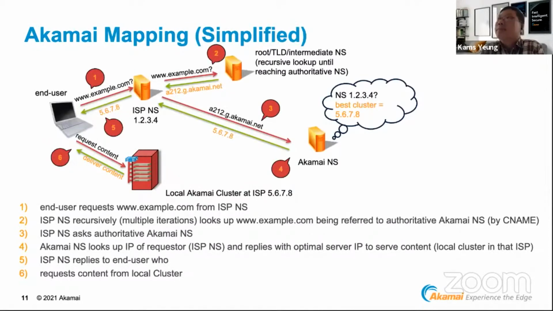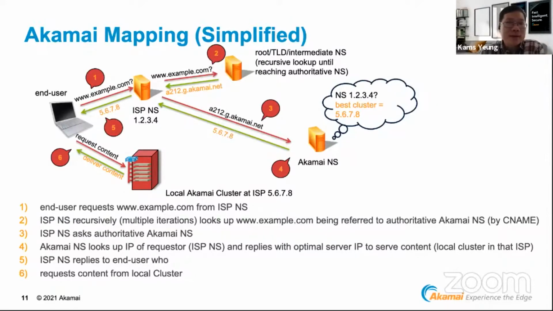And yeah, this is the simplified version of how we do the DNS-based mapping. So you can see that the first step is the end user requests a content. In this example, in this slide, I'm using www.example.com, and they send a query to the ISP DNS. Let's say the ISP DNS IP address is 1.2.3.4.